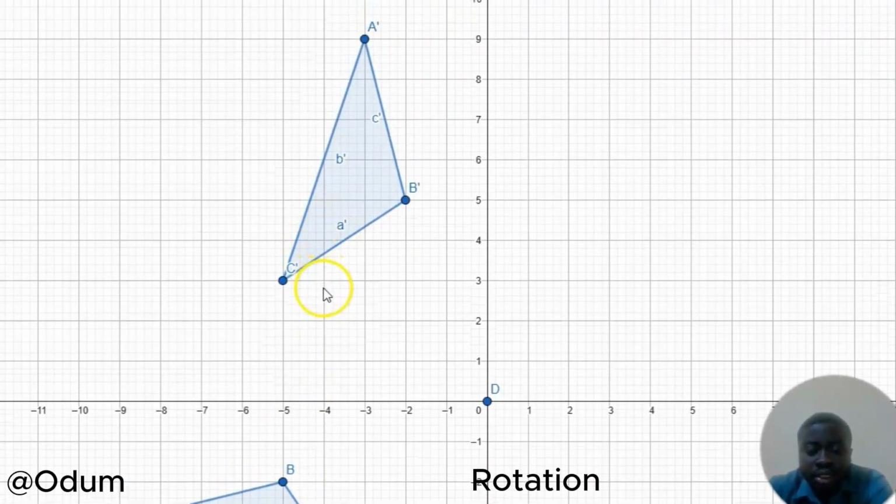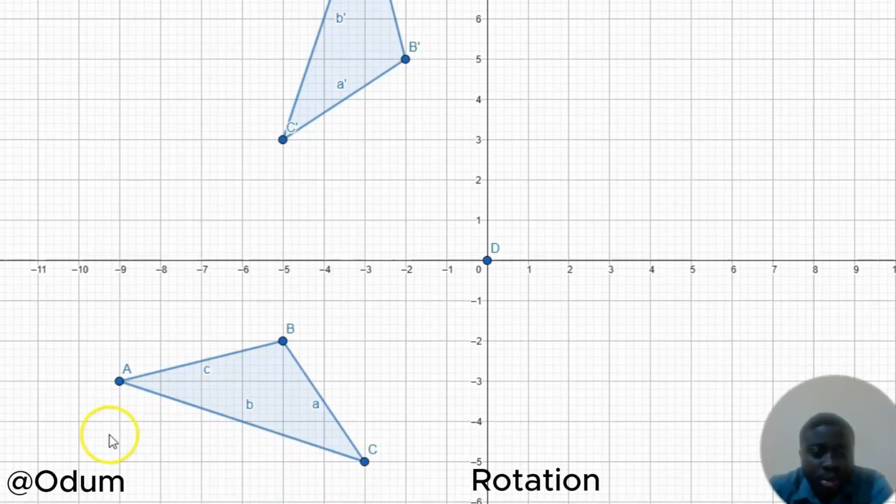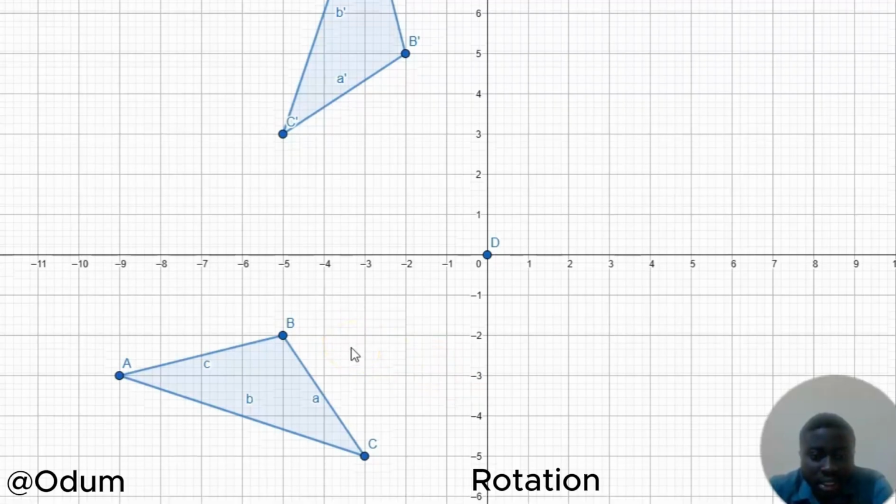Let's see. Our point A is minus 9, minus 3. Since we are rotating this 270 anti-clockwise, we are going to interchange and negate our x.